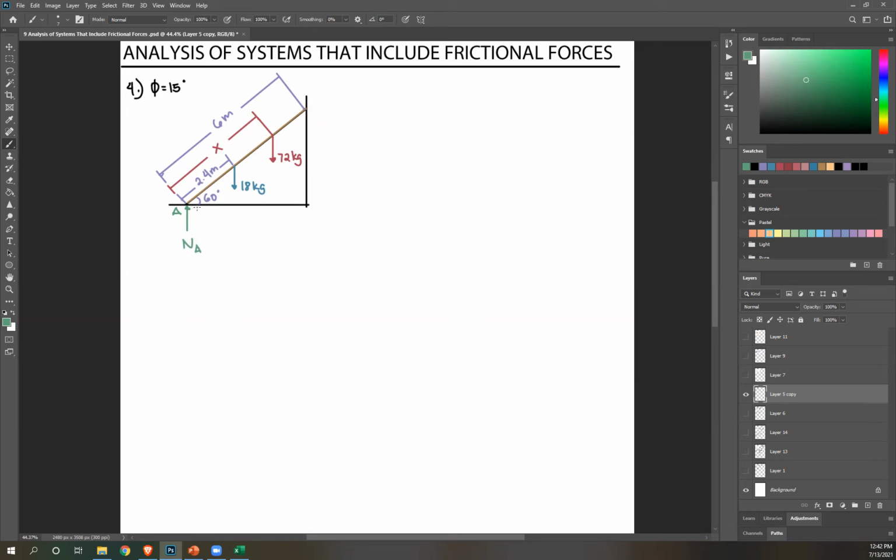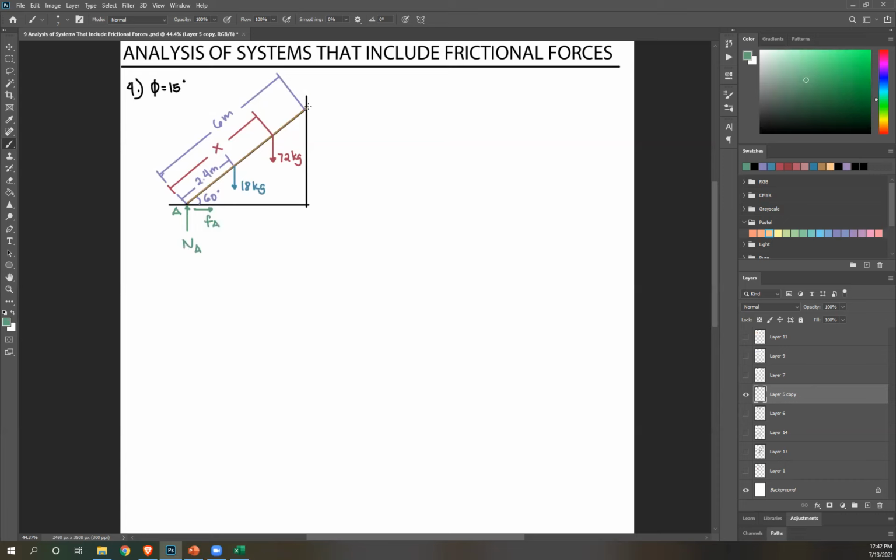And then friction force, right? So if you have weight here, the tendency of this ladder is to move this way, right? Downwards and to the left. Again, friction always opposes that, so friction would be to the right. FA.